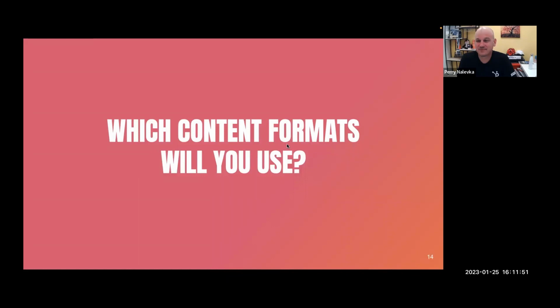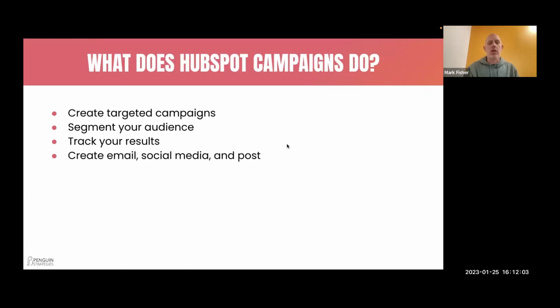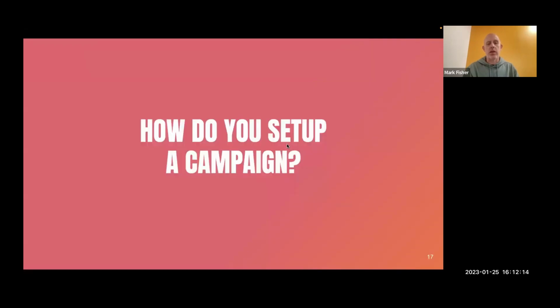Yeah. So again, now I'm talking about the content formats we use. We decide, as we said, landing pages, multiple content formats, video ads, and so on and so forth. So then I'm going to go and create my targeted campaigns, segment your audience, and track results, create emails, socials, and posts, and so on.